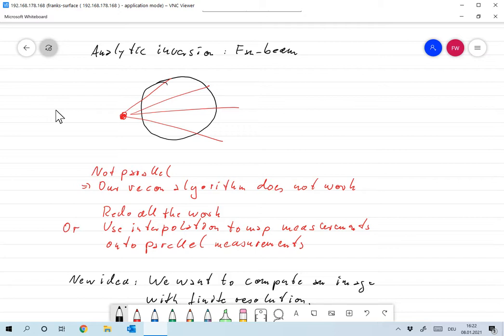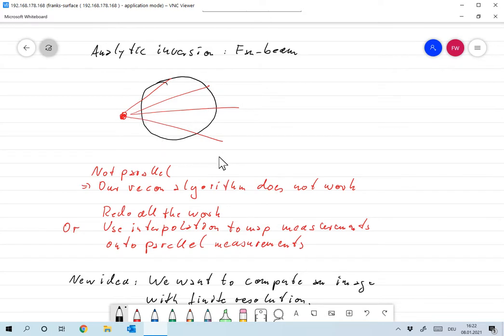For every fixed position of the X-ray source, we can measure, also in the two-dimensional case, the lines that start at this point over here. So even if we just look at the two-dimensional case, the kind of measurements that we have is that we can measure all the lines that start over here and then go through the body.